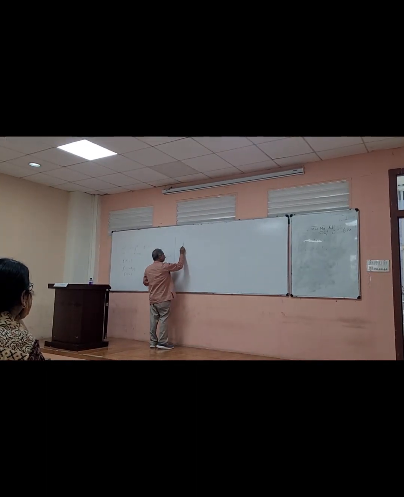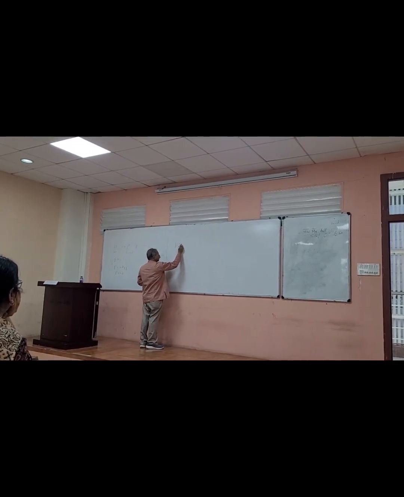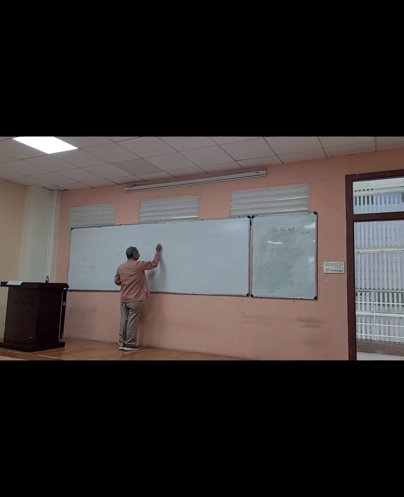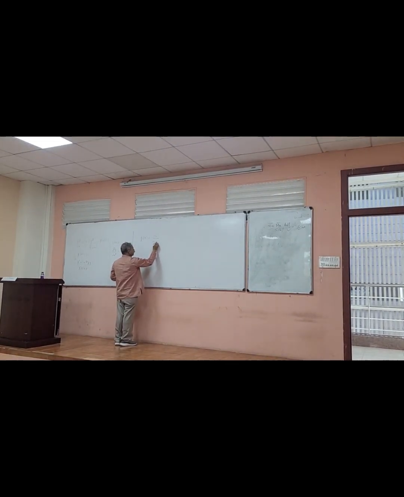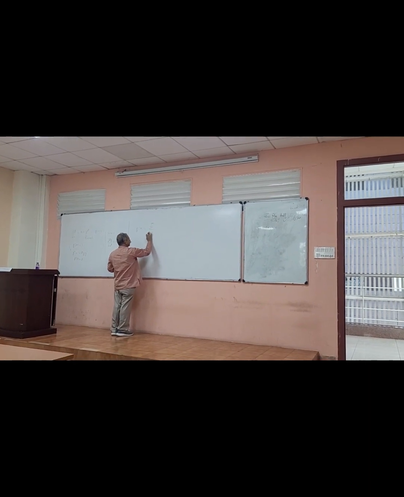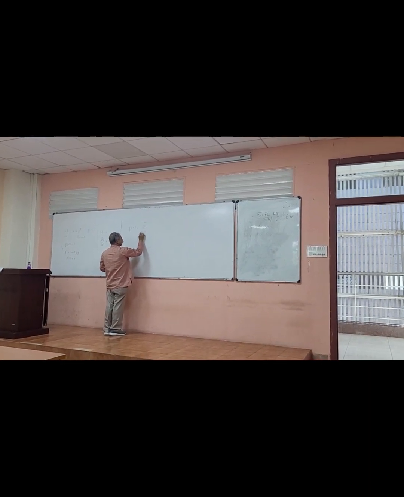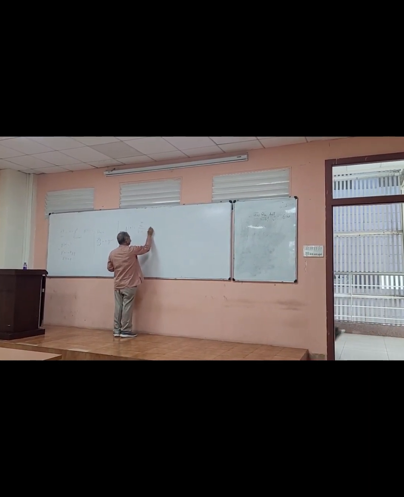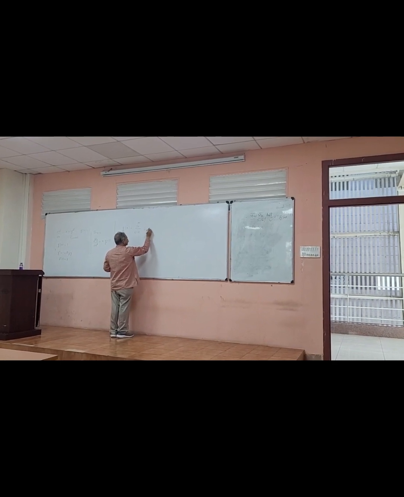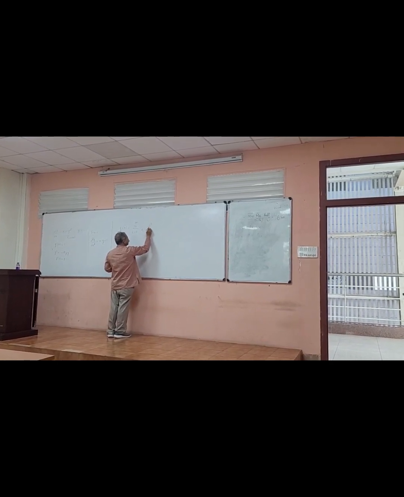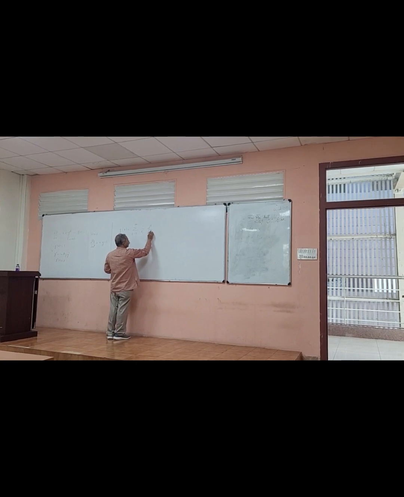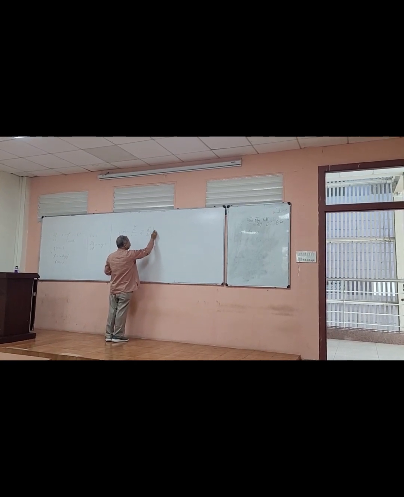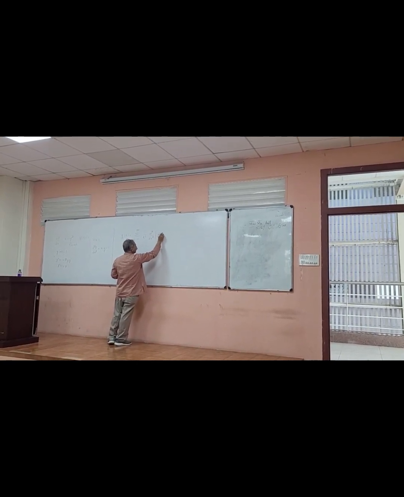So what do I have? y of x is summation n equal to 0 to infinity, or I'll take this to be k, 1 by k factorial d^k by dx^k, y of x.